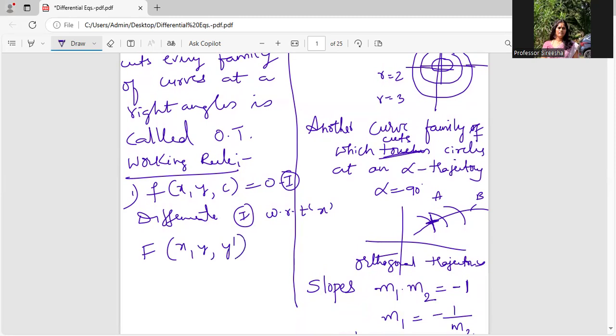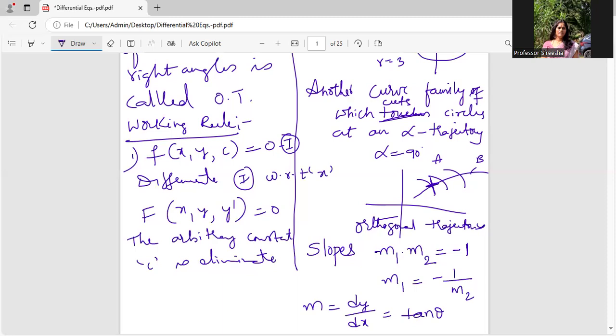Once I take the differential equation, the arbitrary constant c is eliminated. Why? Because a differential equation will never have arbitrary constants. Only solutions to differential equations will have arbitrary constants.